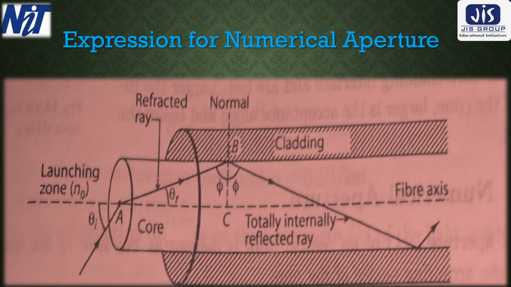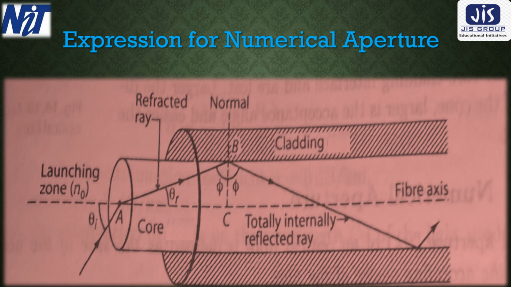In this lecture, we will obtain an expression for numerical aperture. You just recall from the last class what is numerical aperture and what is angle of acceptance. Now you see there is a diagram of optical fiber and light is allowed to fall on the optical fiber in the launching zone.